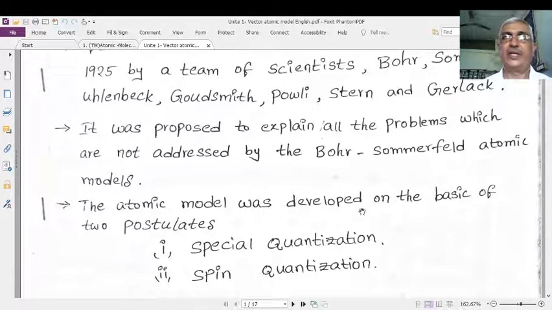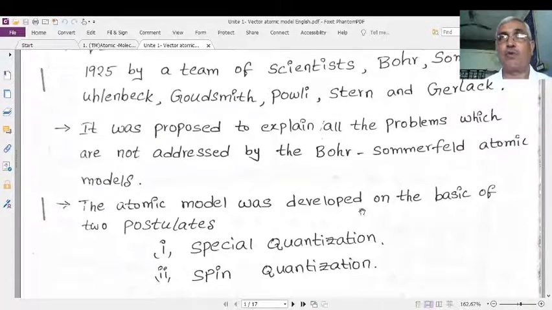It means that their spin orbits are also quantized in magnitude and direction. Thus, the electron has two types of motions: one is the orbital motion and the other one is the spin motion.